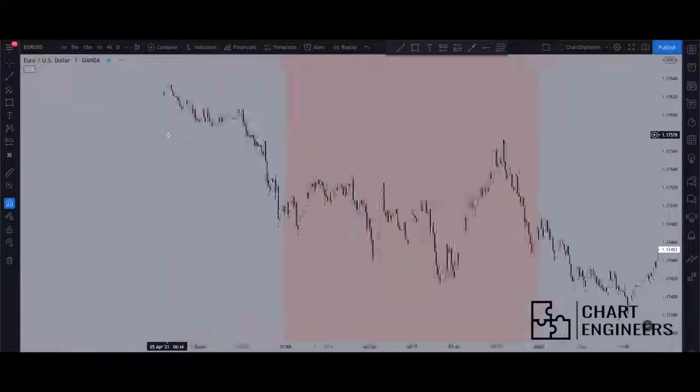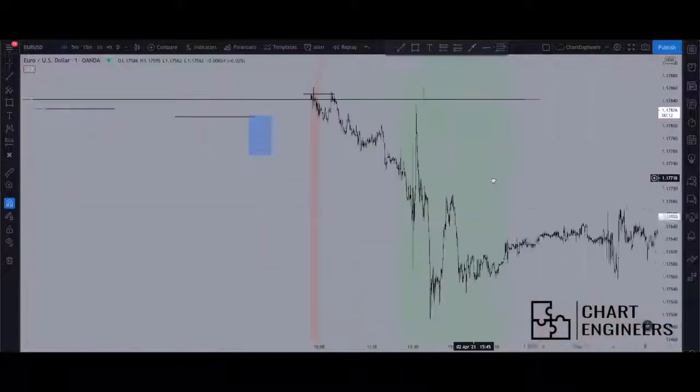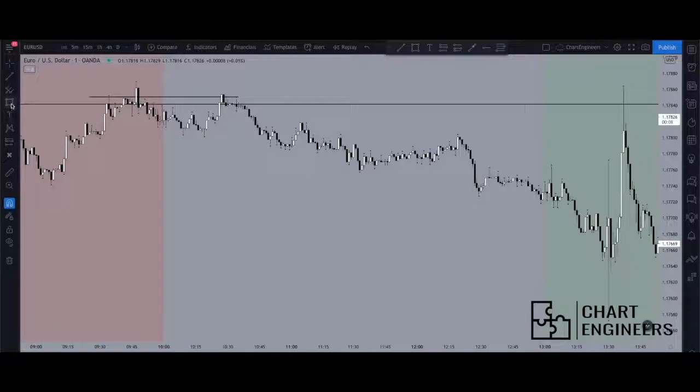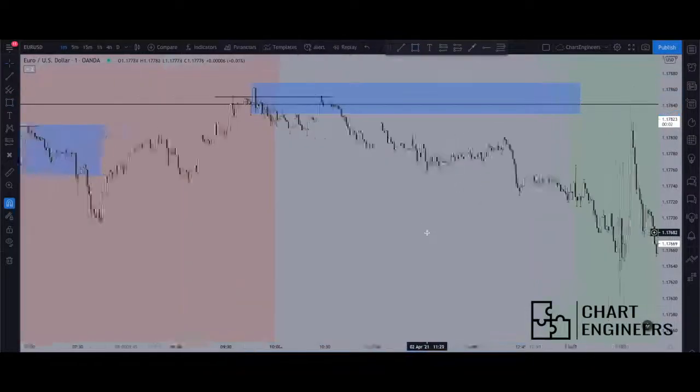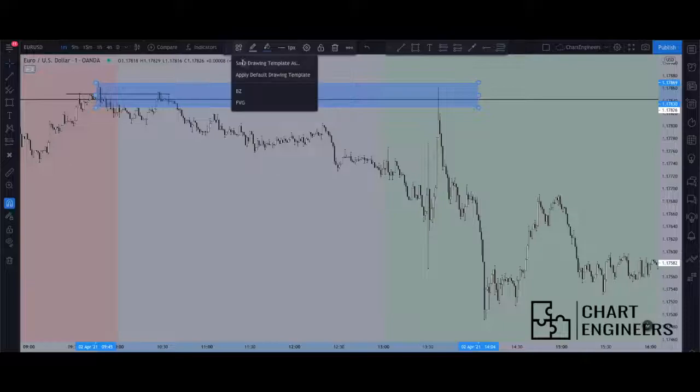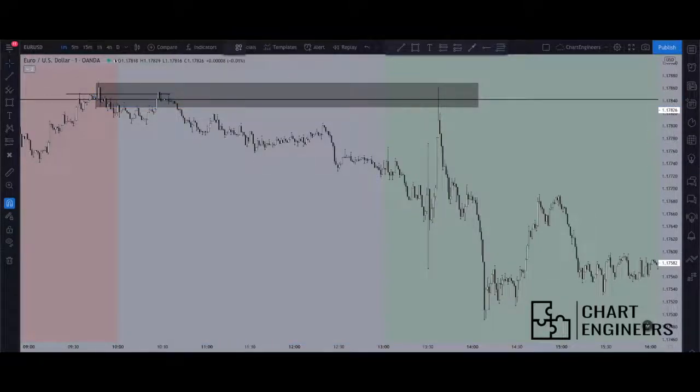So you can go and mark your M1 breaker zone. So it would be from here. Just want to extend it. That's your breaker zone.